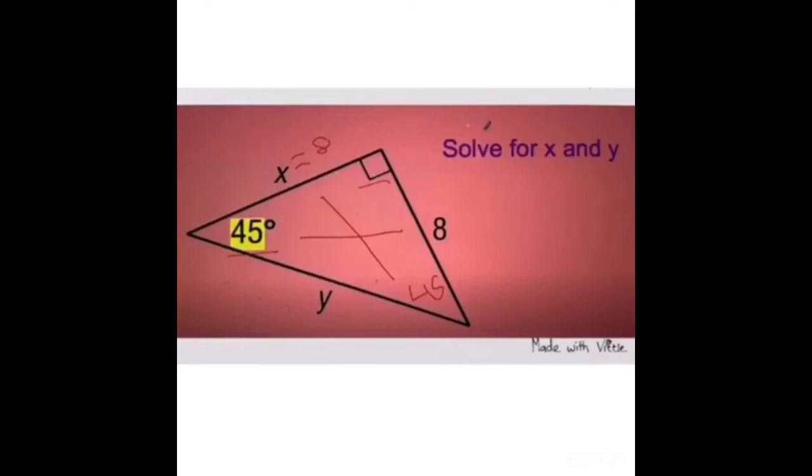And the one across 90, which is the y, is whatever this leg is times the square root of 2. So 8 times the square root of 2 is 11.3. So my answer is y equals 11.3 and x equals 8.